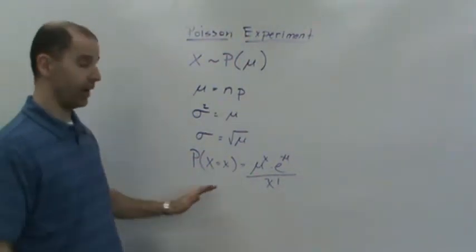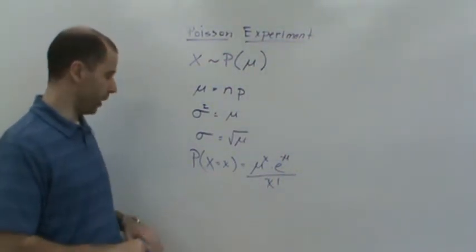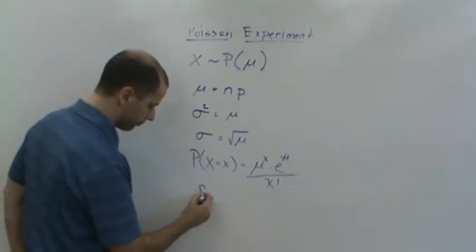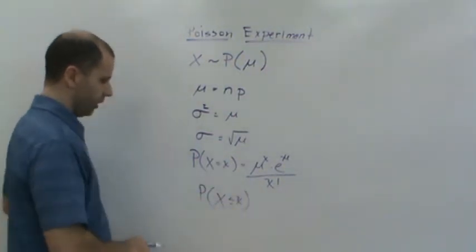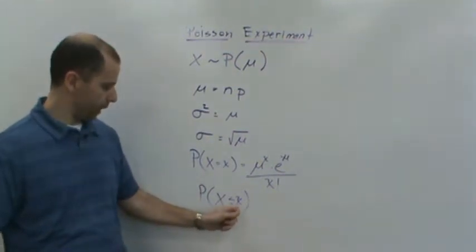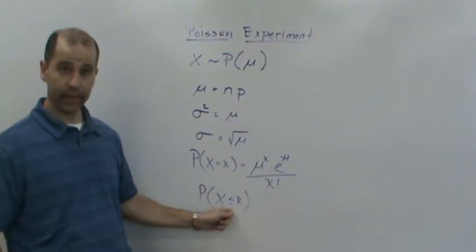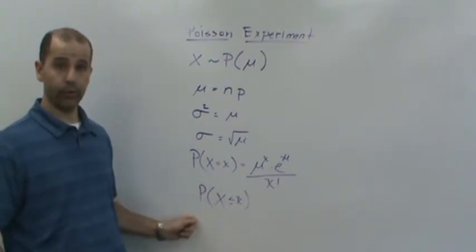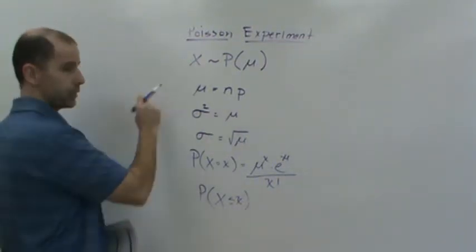So this is the formula that gives you the probability for a Poisson distribution. So again, just like all the other discrete probability distributions, if you want the probability of x being less than or equal to x, you'd have to do the probability of being equal to x, and then the probability of being equal to x minus 1, all the way down to 0. Because that's the other thing too, what are all the possible values of x?